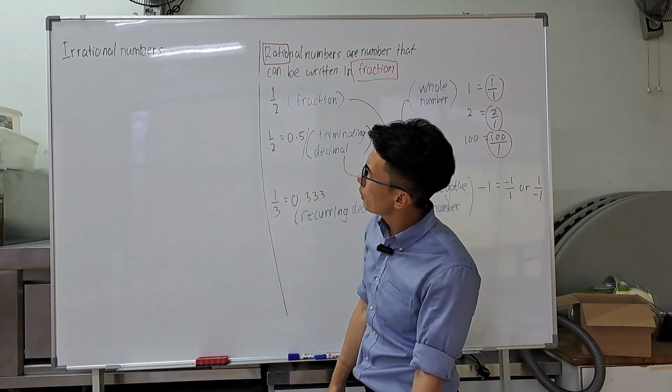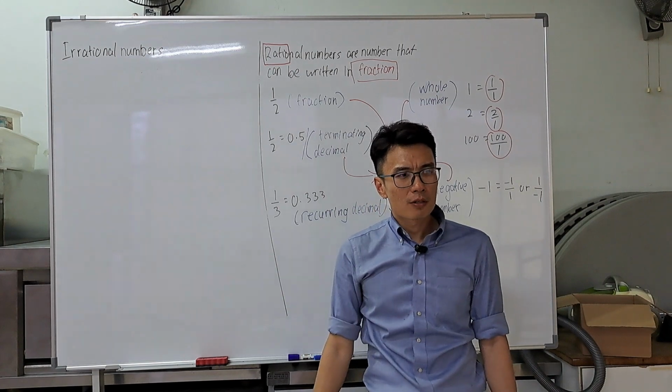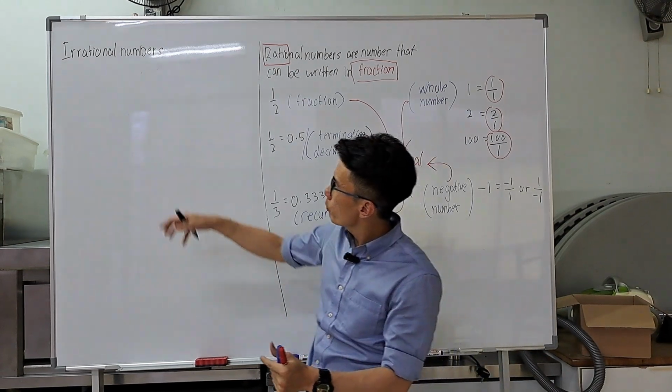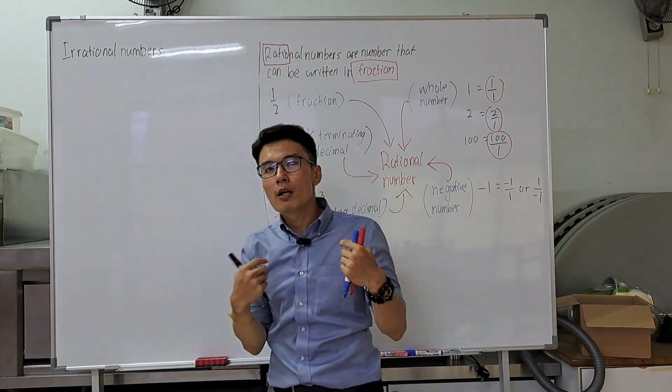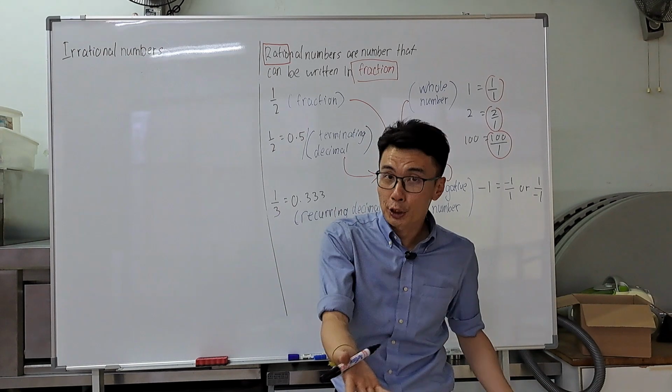So what do you think irrational numbers are? It means the opposite, correct or not? So irrational numbers are numbers that cannot be written as a fraction.